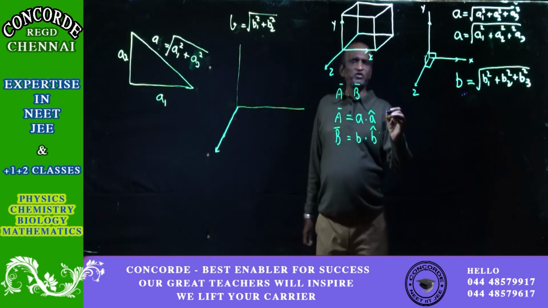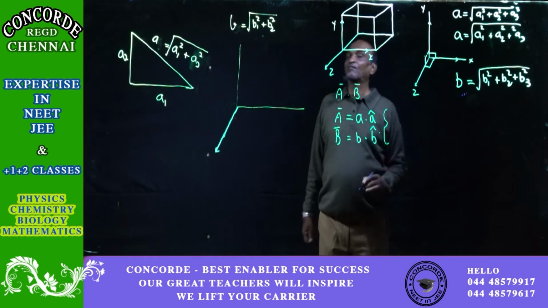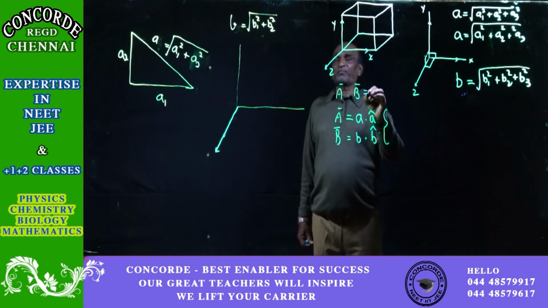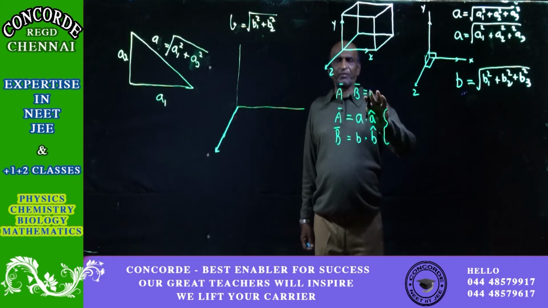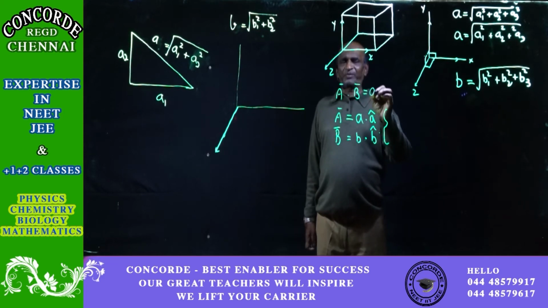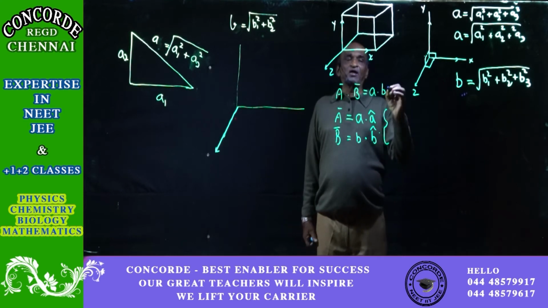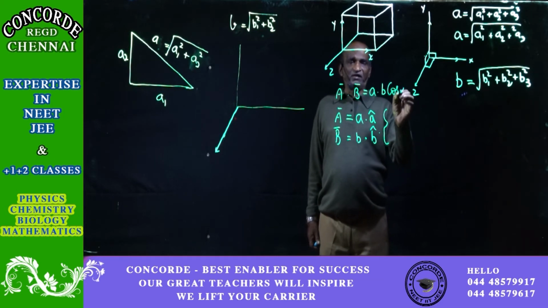And what we have also seen is that A bar dot B bar is equal to AB. Before I had used capital letters, now I am using small letters, so never mind that. It's all your wish, any way you want, you can write it. And we have seen that for the dot product, we get cos alpha.